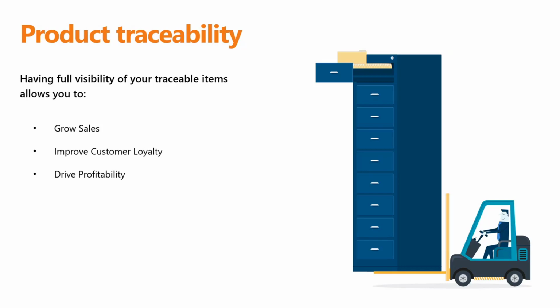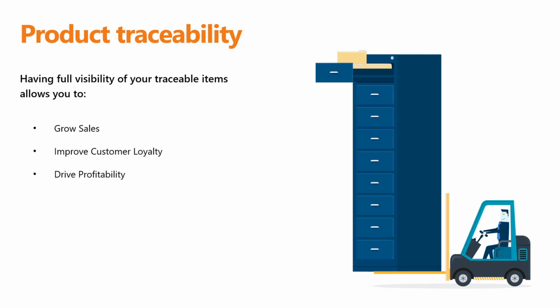It's one of those USPs that you can offer. But at the same time, that requires a level of additional setup in any system and an additional level of management. To ensure customer loyalty is managed successfully and easily, you need to be able to do that in a system quickly and efficiently, not spend hours trawling through data to understand what was traceable, where it came from, what purchase order it was on, etc.